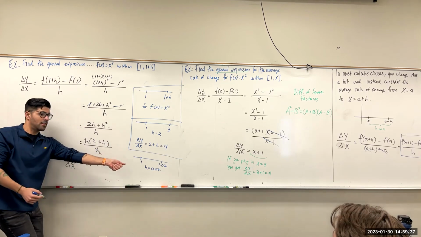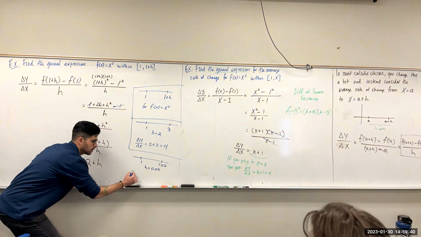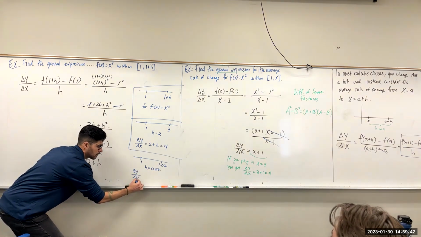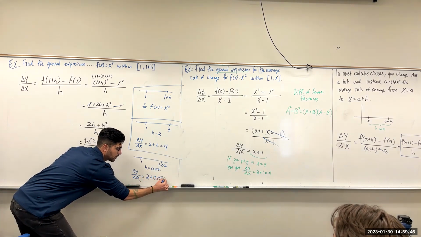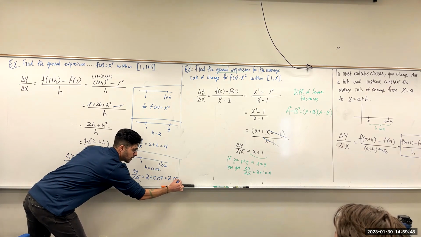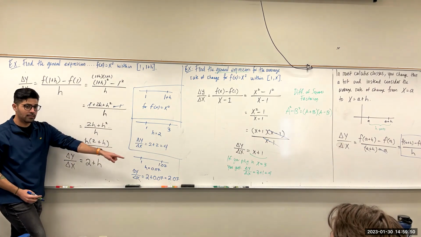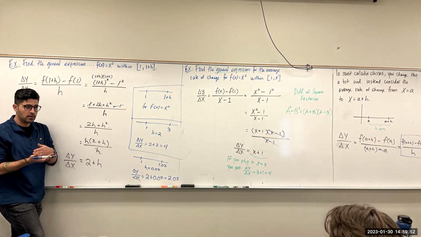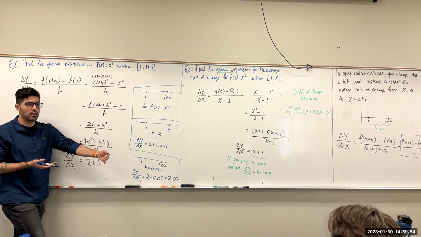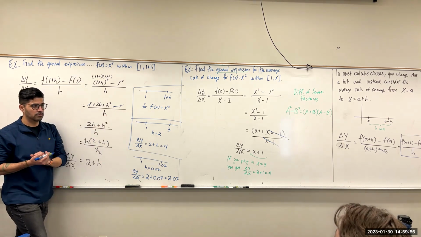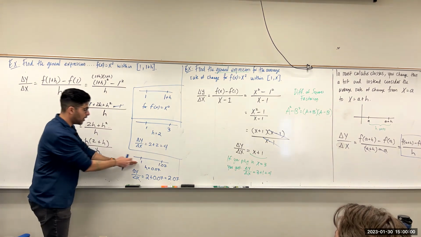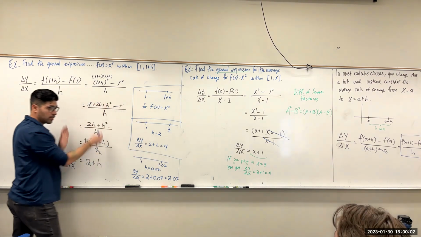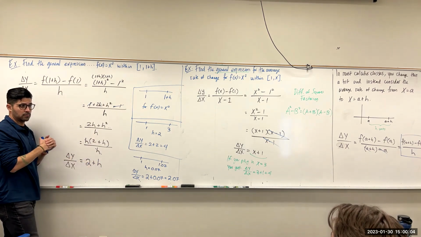So then you plug in that h here, and you get 2 plus 0.07, which gives you 2.07. So that is the average rate of change from 1 to 1.07 for this function. So that's how you would use it. But they all have to start at 1 for me to use this general expression.